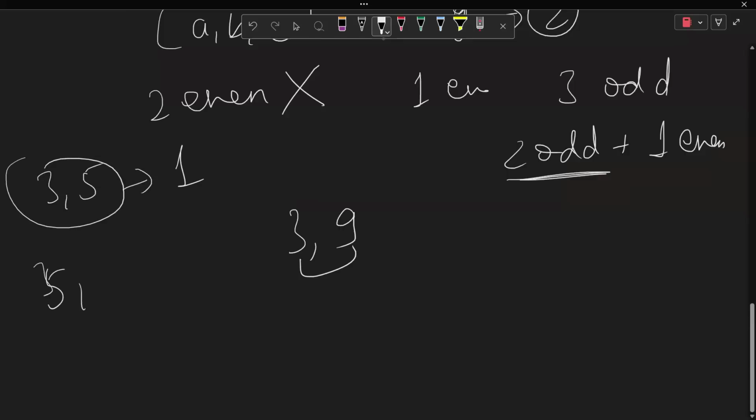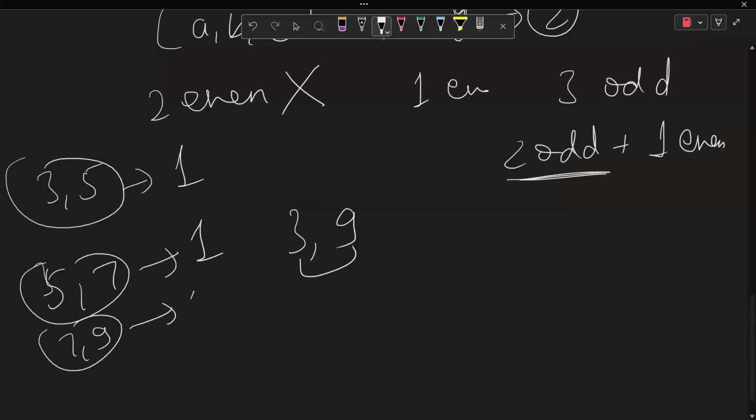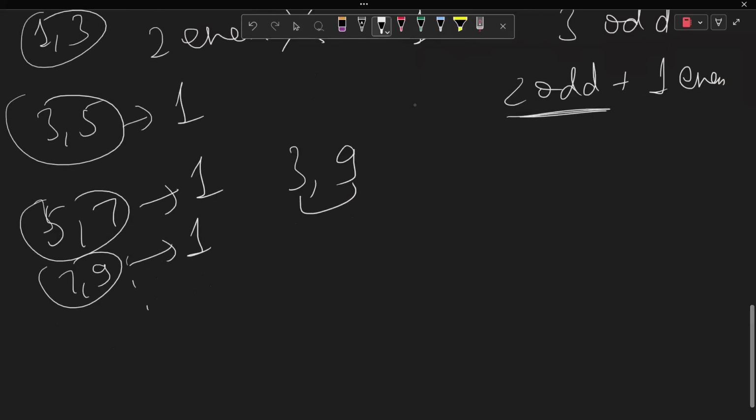Let's say you take 5 and 7, their GCD would be 1. If you take 7 and 9, their GCD would be 1. If you just keep on looking at this, any two consecutive odd integers would always be co-prime. This is a property you can notice, or it is intuitive.